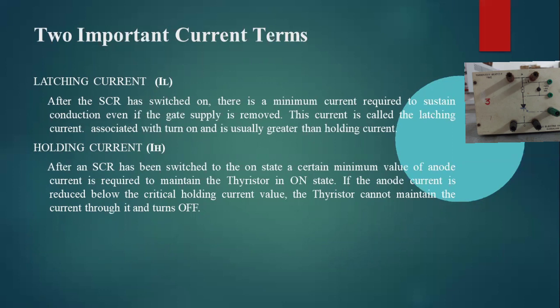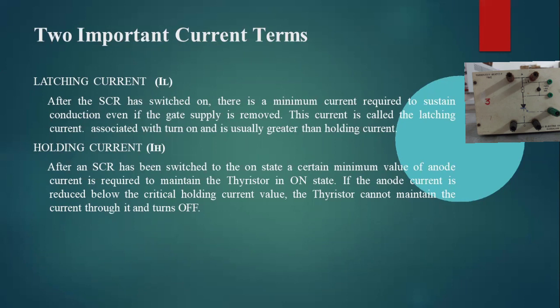This current is called the latching current, and latching is associated with turn on. It is usually greater than the holding current, approximately 1.8 to 2 times greater than the holding current. So latching current is the minimum anode to cathode current above which the SCR will be in forward conduction state, the on state.